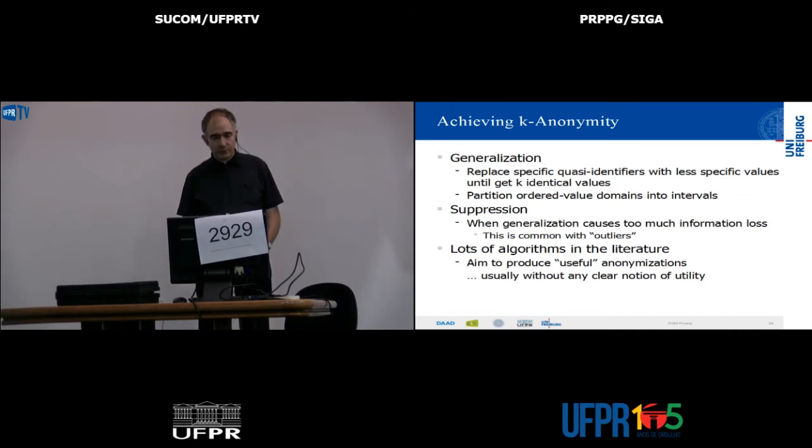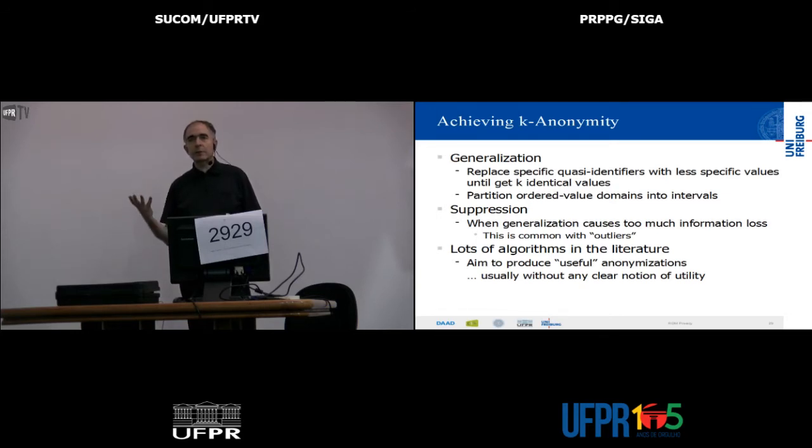What's an easy way? Well, an easy way is suppression. Check your credit card printout. You see stars rather than your credit card number. Zip code: remove the last 2 digits, replace them by stars. Suddenly, more people share the same zip code. Maybe that makes it harder for the attacker to find out who is who. There are lots of algorithms in the literature, and they always have the same aim: produce useful anonymization, so that people are really becoming anonymous.